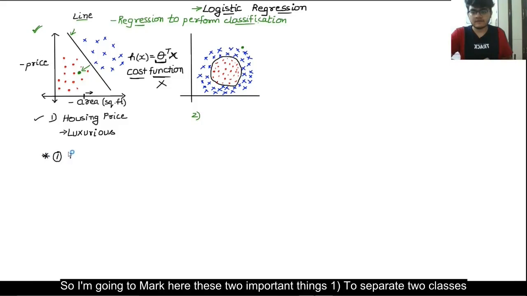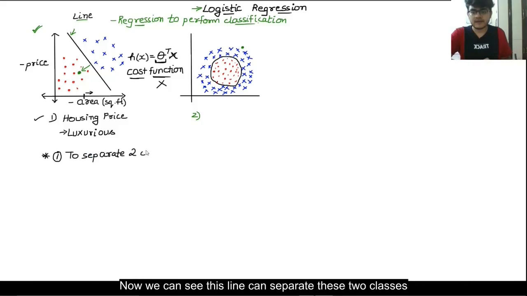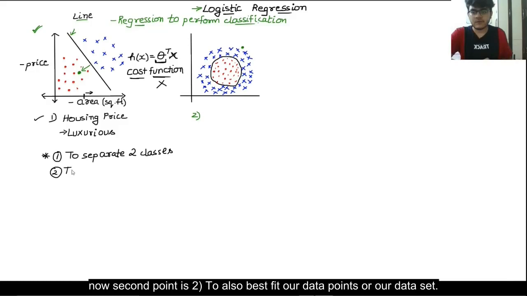First is to separate two classes. You can see this line can separate these two classes. The second point is to also best fit our data points or our data set.